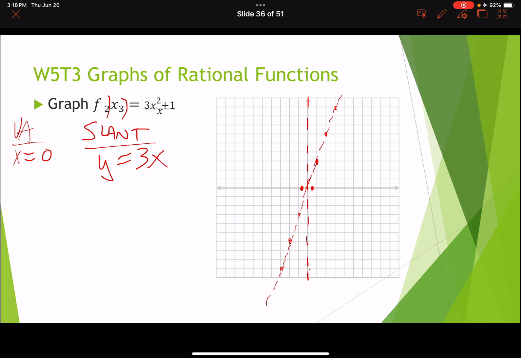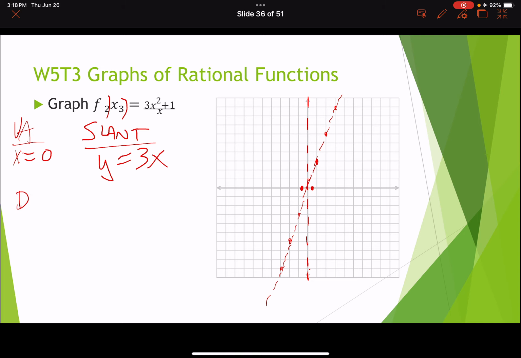Because we want to be able to have the two asymptotes, the vertical and the slant. We want to be able to make that happen, right? But we also know in the domain that x can never be equal to 0, right? We have that, so let's write that in there.